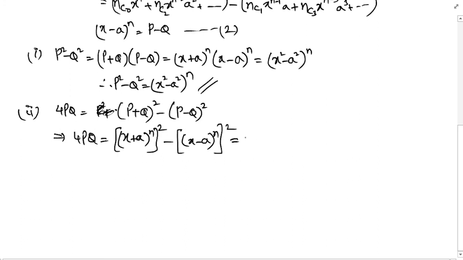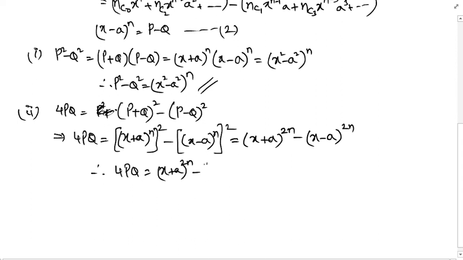So this is equal to (x + a)^2n − (x − a)^2n. Therefore we got 4pq is equal to (x + a)^2n − (x − a)^2n. So the second bit is also done.